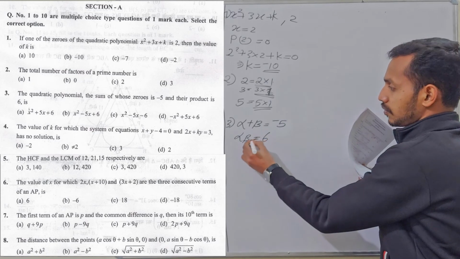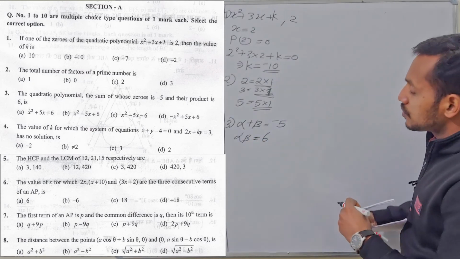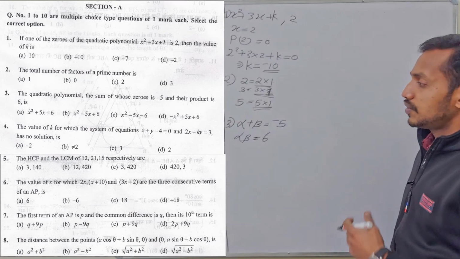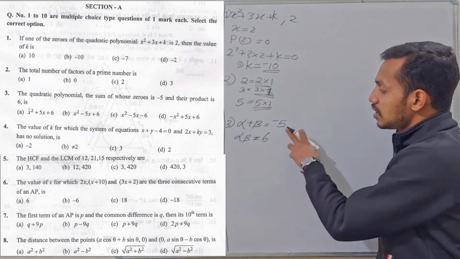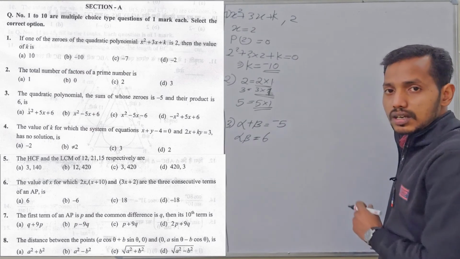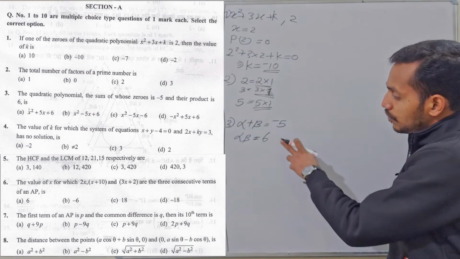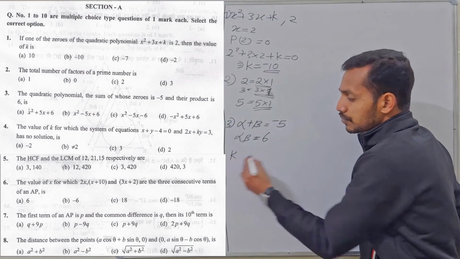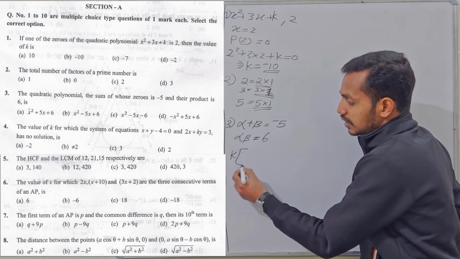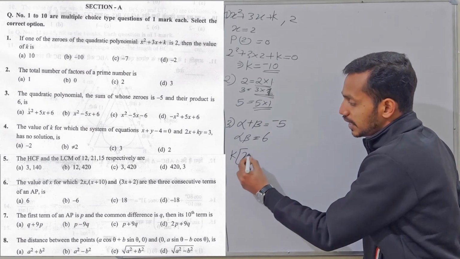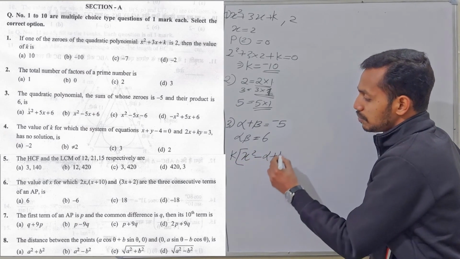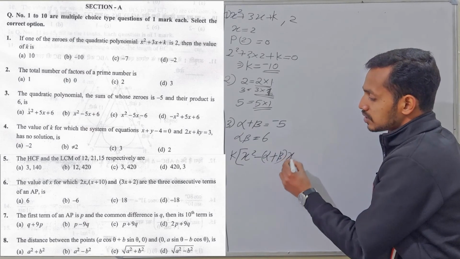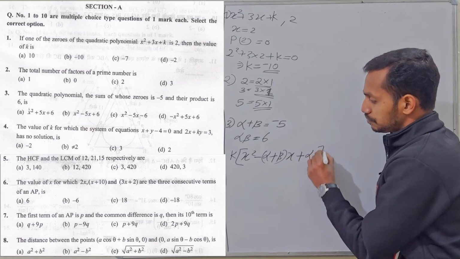Product is 6. Clear? So if the sum of zeros and the product of zeros are given, we need to find a quadratic polynomial which satisfies the given condition. We can write a quadratic polynomial in terms of the zeros. That is the formula we need to remember: k into x square minus alpha plus beta into x plus alpha into beta.